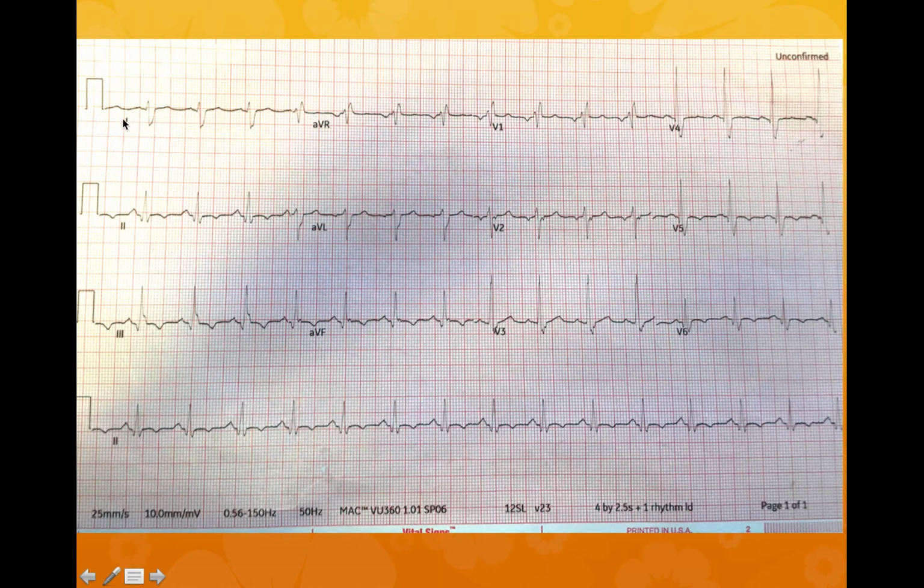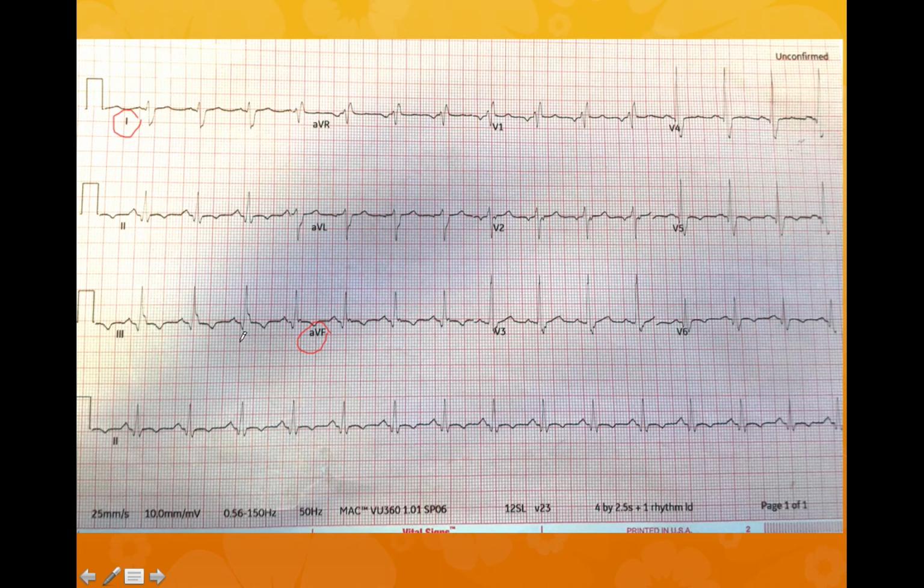Now, we look at lead 1, and we have a negative wave. We look at AVF, and we have a positive wave. So we need to calculate the axis again. So now let's try and find that isodiphasic wave, not in the precordials, but in the limb leads.